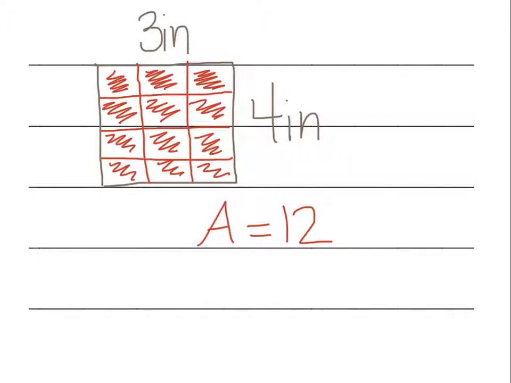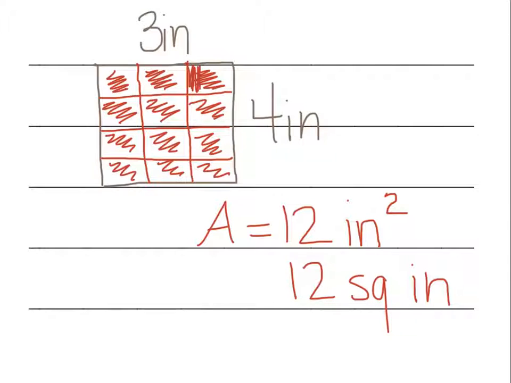Now here's the clue. It is not 12 inches because we don't have just a little line. We have a whole square. So it is 12 inches squared, or it can be written as 12 square inches. Because do you see that we are counting a measurement of a complete square?